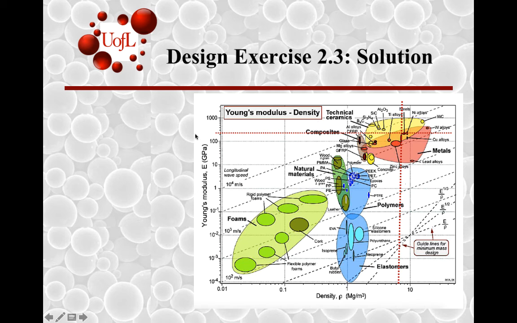So modulus greater than about 250 gigapascals. If you look in the space for metals, there's really nothing out there. And that's the unique position of steel in terms of that kind of a property combination.